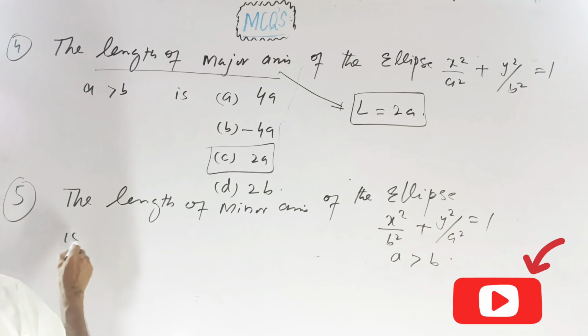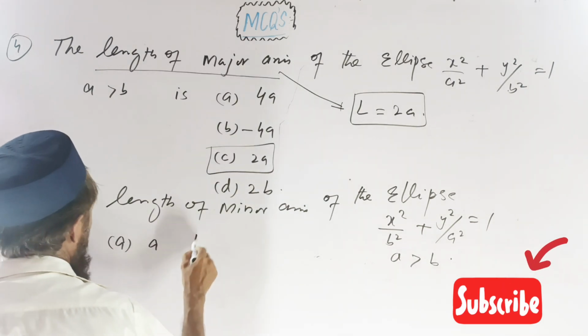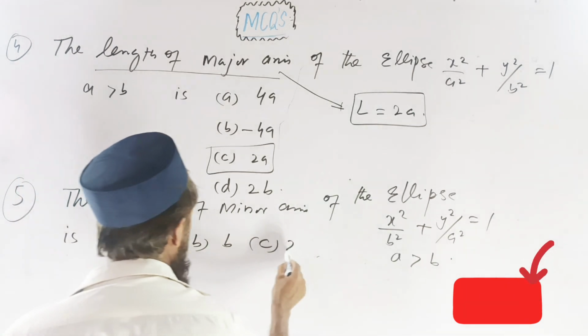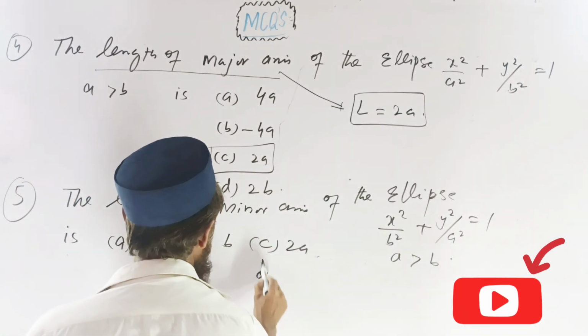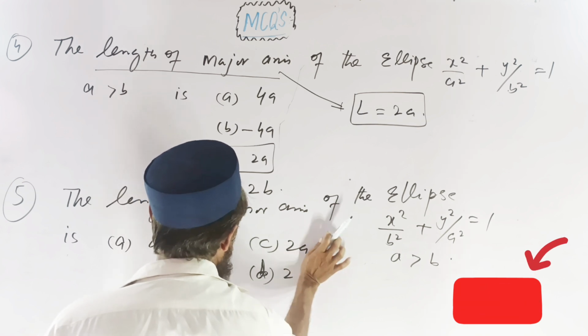Options: A is equal to a, B is equal to b, C is equal to 2a, and D is equal to 2b.